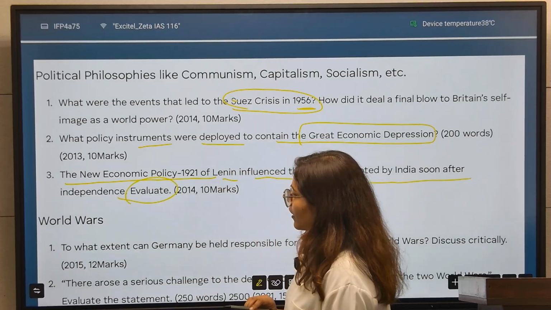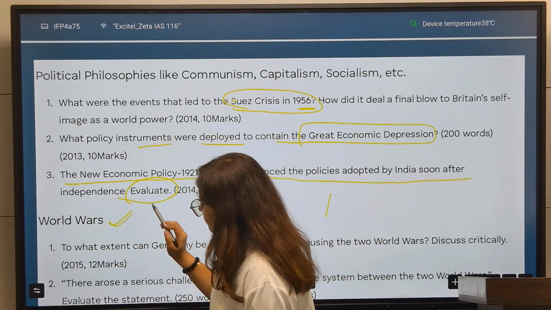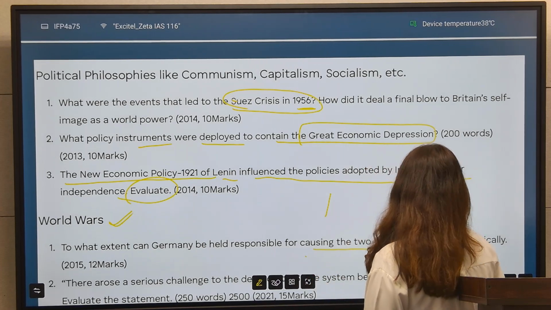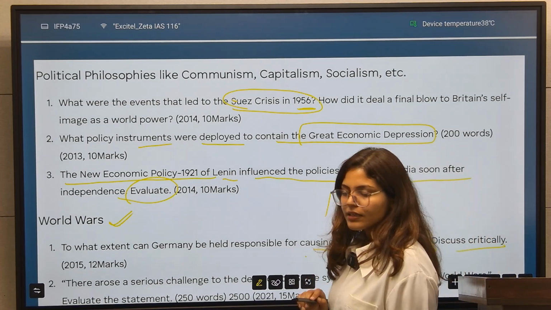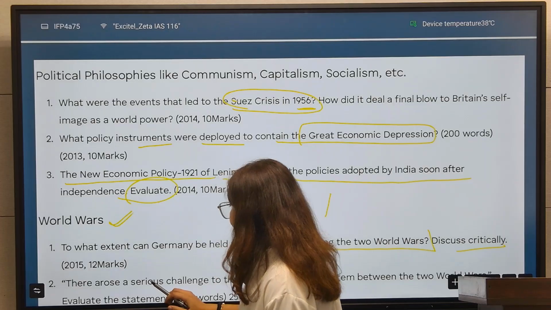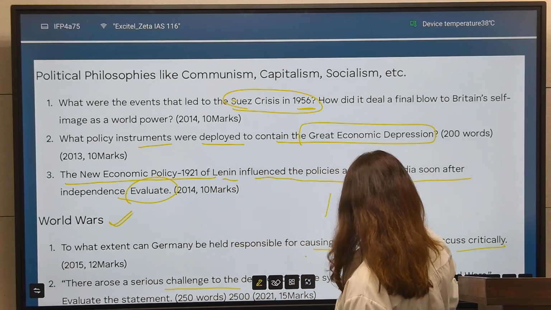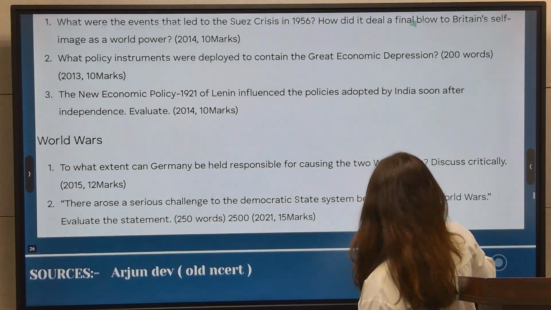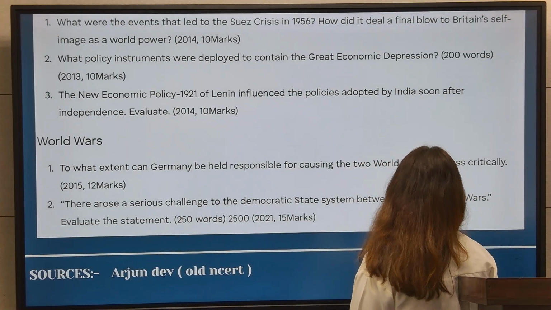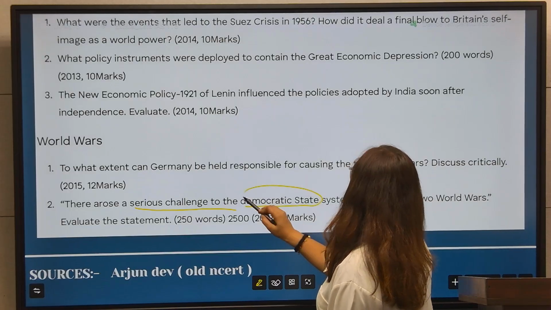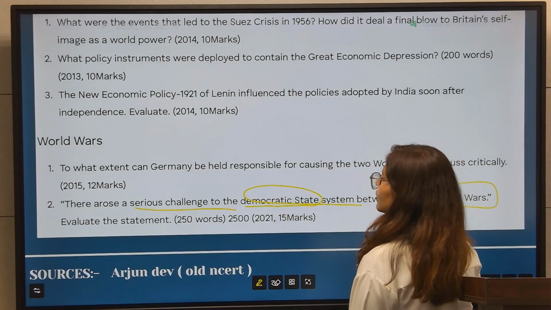Evaluate. And on World War: to what extent can Germany be held responsible for causing the two World Wars? Discuss critically. Second question: they posed a serious challenge to the democratic state system between the two world wars.